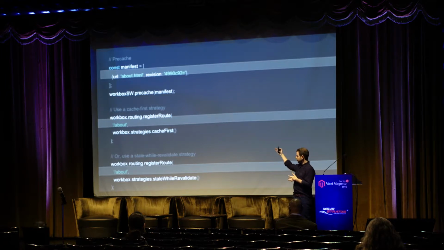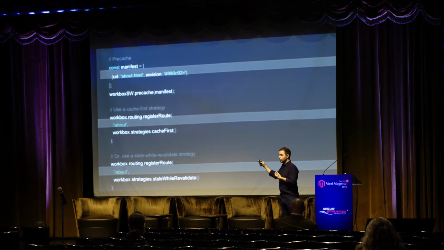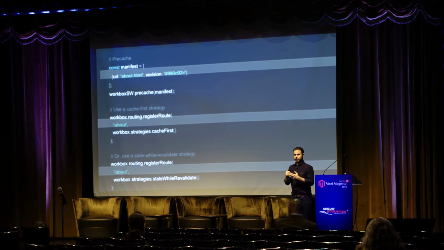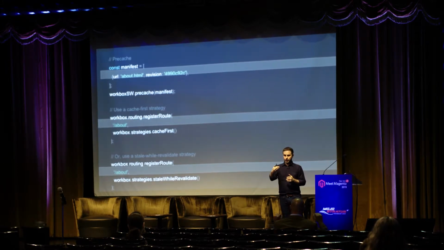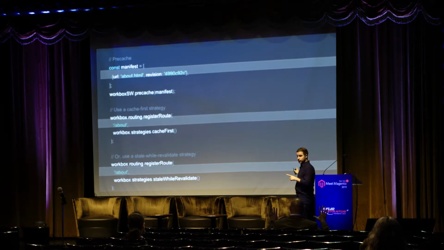It could be cache first, or one that I personally think could be better, stale while revalidate. Stale while revalidate is basically: you receive a request for a product page, you go to the network, and you store this response in the cache. From now on, if the user requests that page again, you can serve it from the cache, but you simultaneously update the cache in the background.